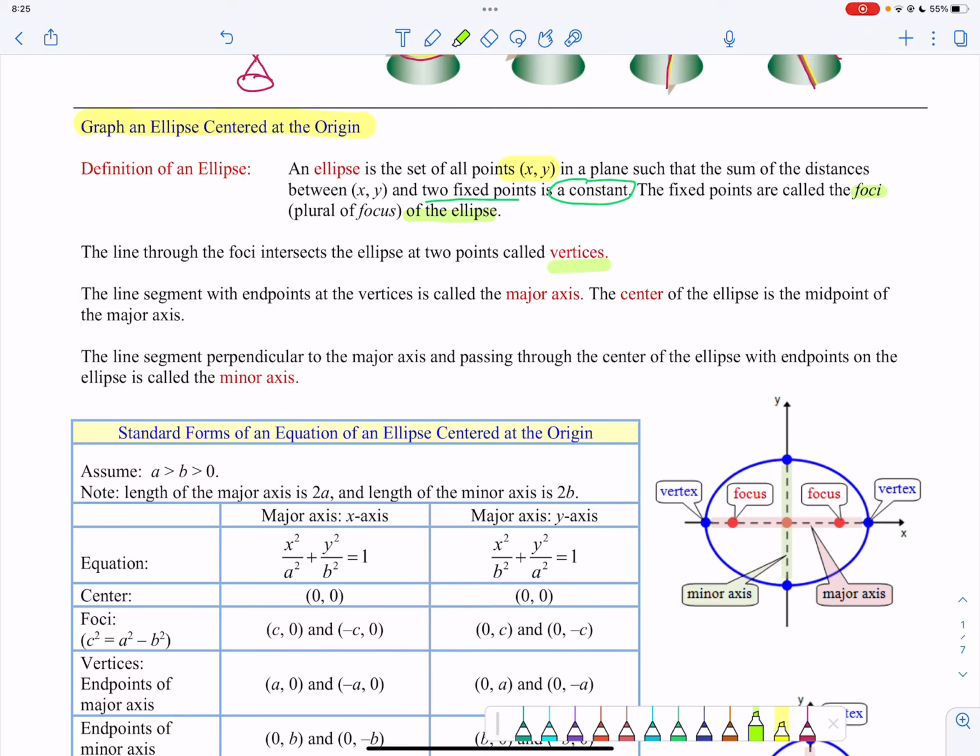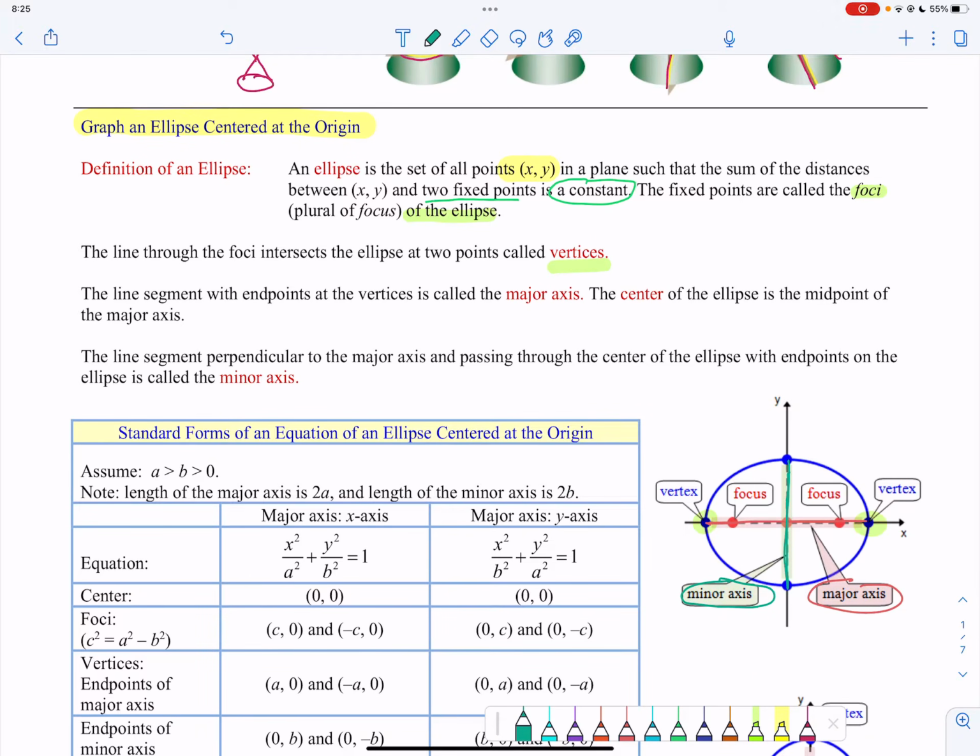So let's take a look at these here. If we have these vertices right here, and we have this line that has endpoints at the vertices right here, this line is called the major axis. Then we have a line segment perpendicular to the major axis, which is right here. Perpendicular there, and that is the minor axis.